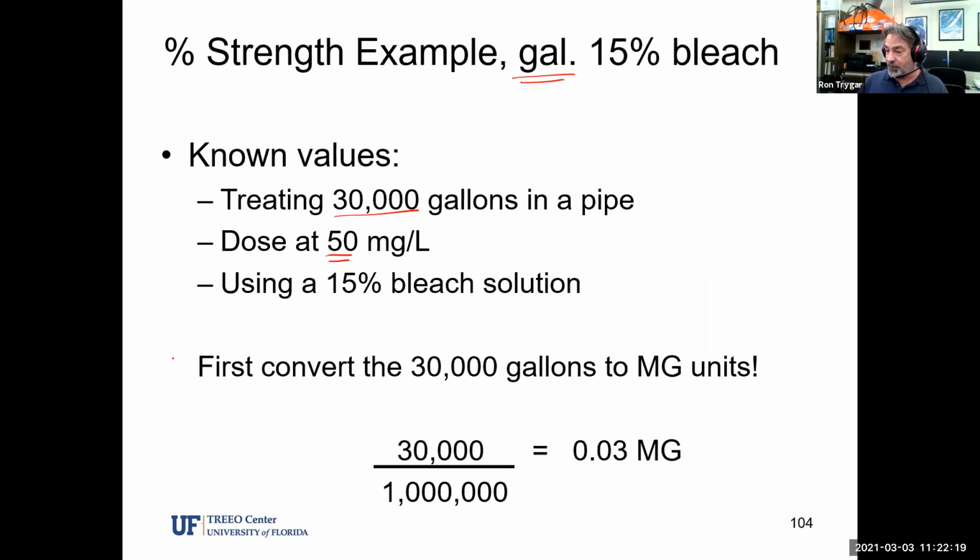So first step, convert the 30,000 gallons into million gallon units. So 30,000 gal divided by 1 million gal per mg, that's my units, is going to give me 0.03 million gallons. On your calculator, you should be seeing 0.03 at this point. So if you're good with that, we'll go to the next slide. But that's the number we carry into the pounds formula.